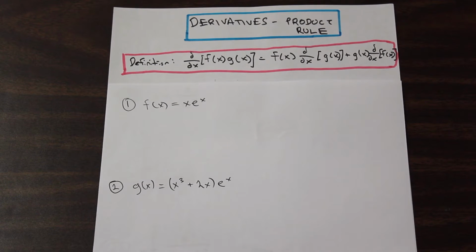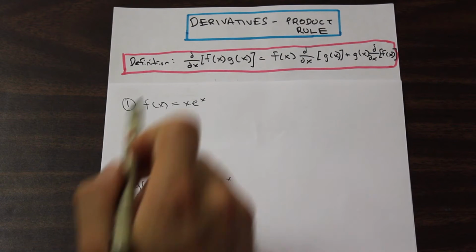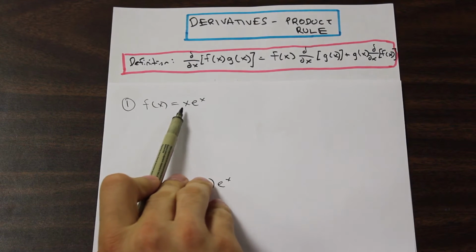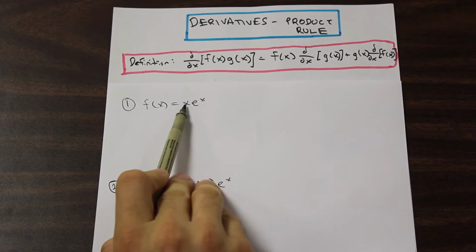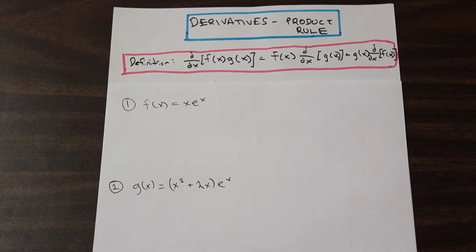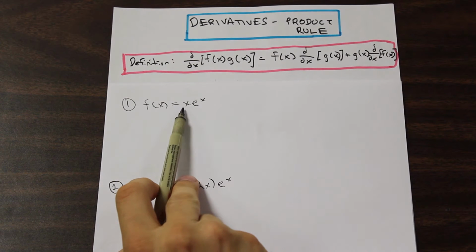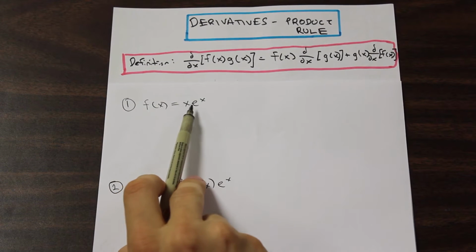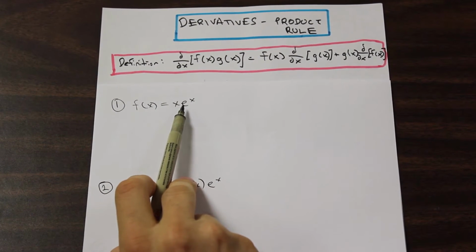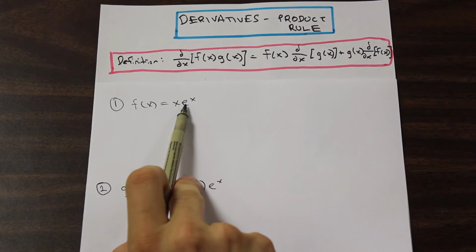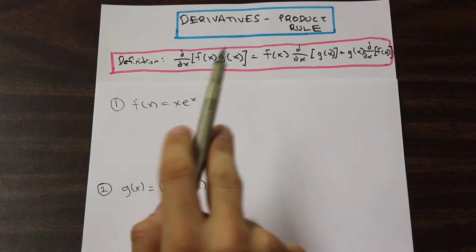With that being said, we see that we have x times e to the x. So we have two functions in here, and they're both functions of x, so that means we can apply the product rule. All we're going to do is take the derivative of the first term and multiply it by the second term, and then add the derivative of the second term times the first term.